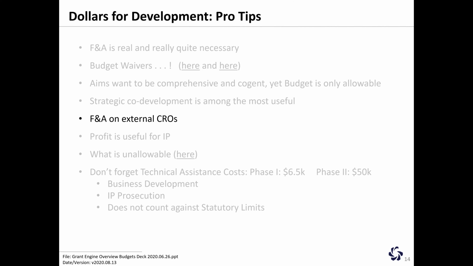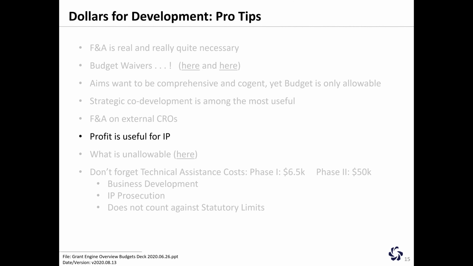And there are ways to do that. One of them is the requirement that you charge F&A or overhead cost on top of external contract work. We'll go into a little more detail on that versus a subaward where you do not charge F&A, but that's one area where you can consume dollars, and that's overhead dollars that are spent within the company.